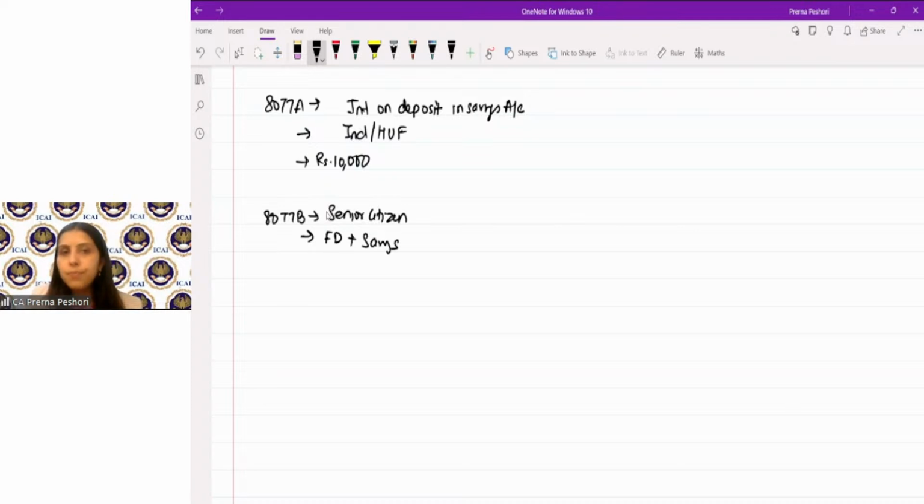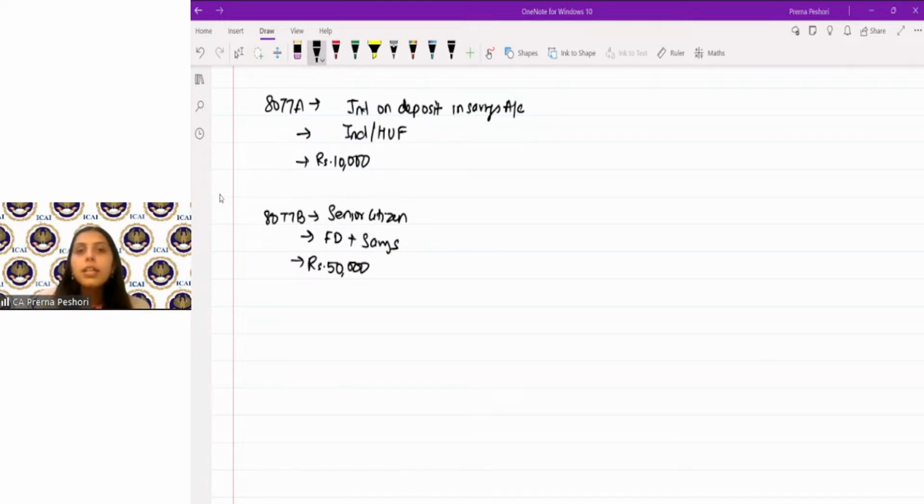Both are covered here. And the deduction is up to rupees 50,000. This is under 80TTB. Are we clear? Jacob, you can clear the doubts with me on Wednesday in respect of this particular topic.